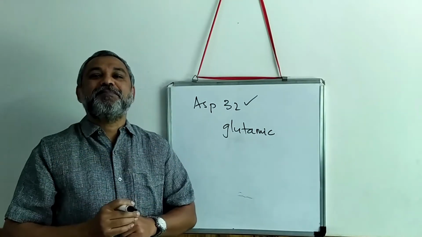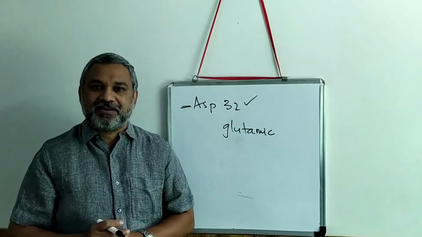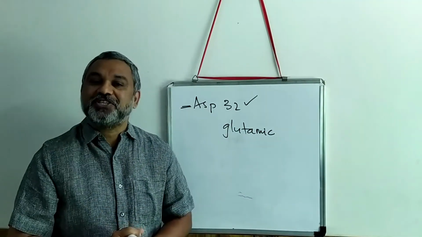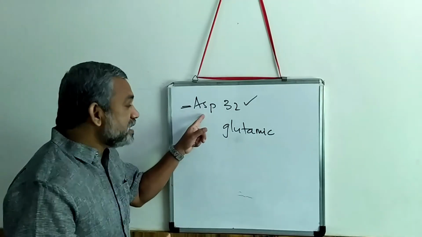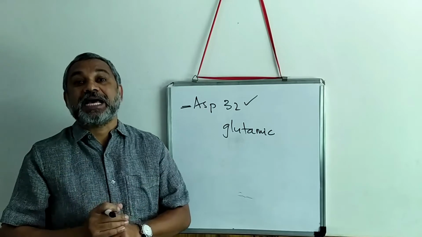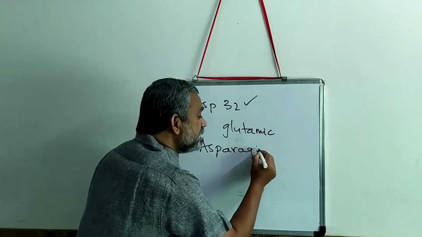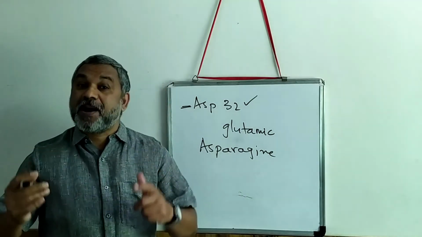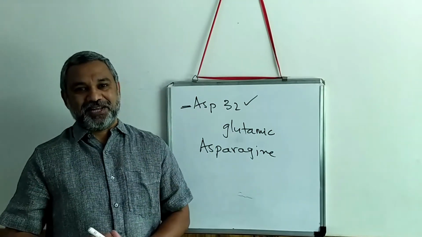A second experiment was carried out. They mutated this aspartic acid, and the motor stopped functioning. Another experiment was carried out, replacing the aspartic acid with asparagine. Replacing that with asparagine also resulted in the motor not functioning.